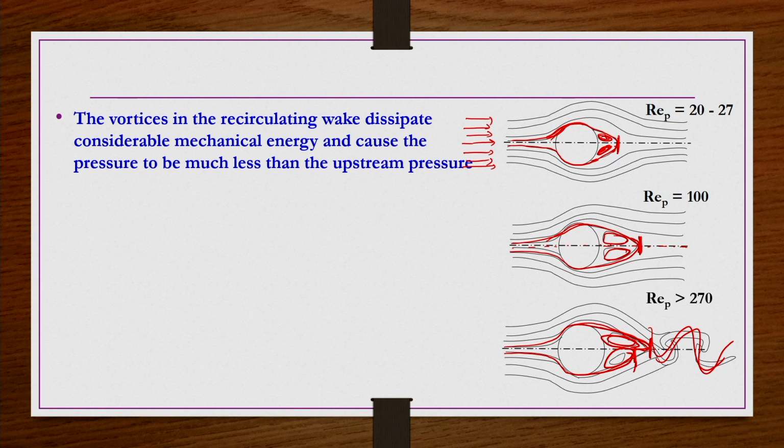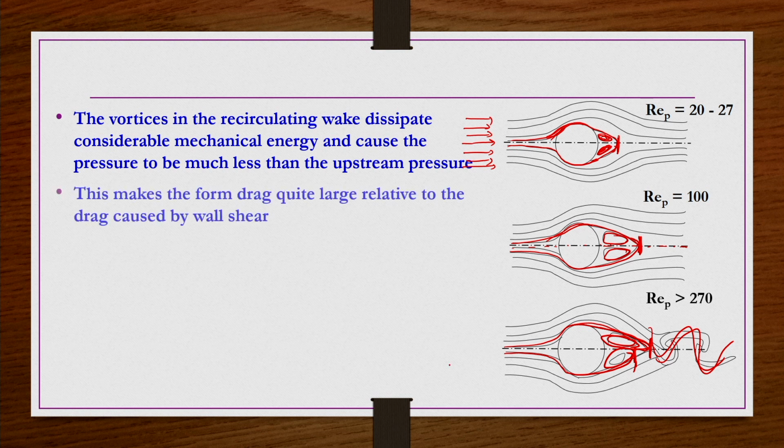So vortexes in the recirculating wake dissipate considerable mechanical energy and cause the pressure to be much less than the upstream pressure. When these vortices are forming, the pressure on the vortex side would be much lesser than the upstream pressure. This makes the form drag quite large relative to the drag caused by the wall shear.